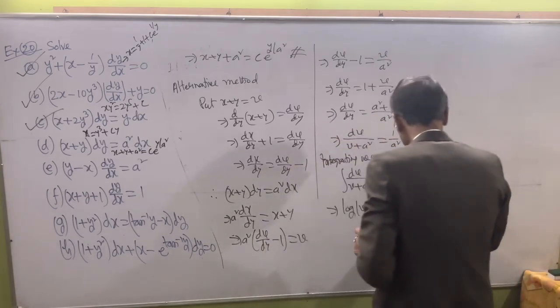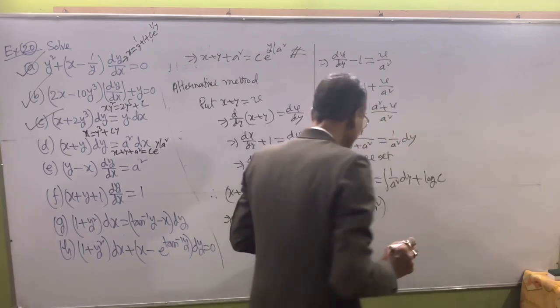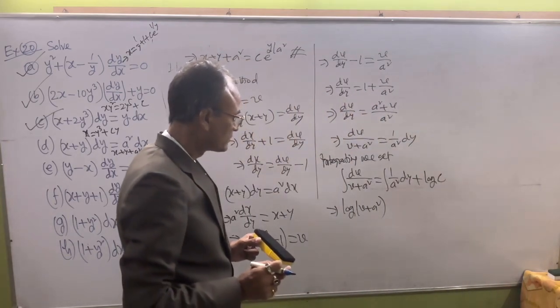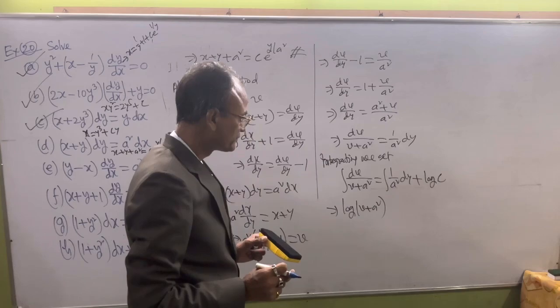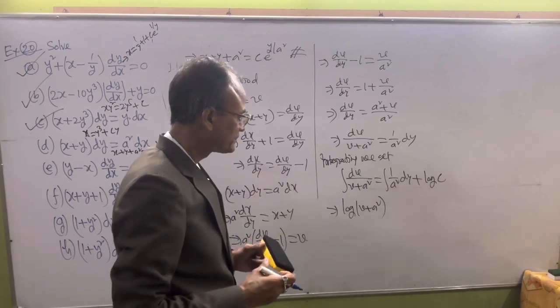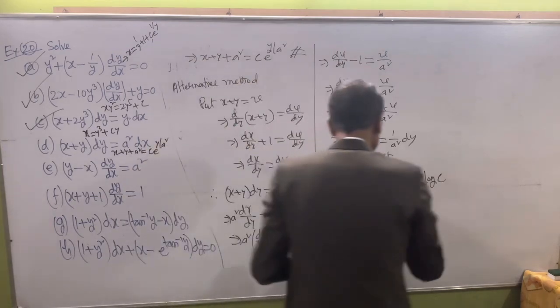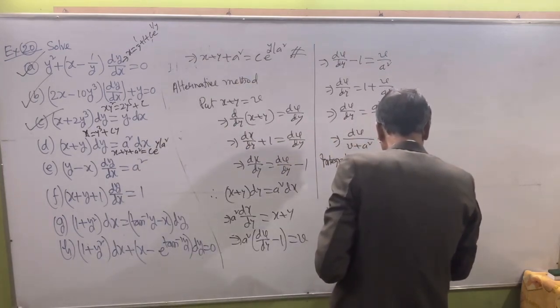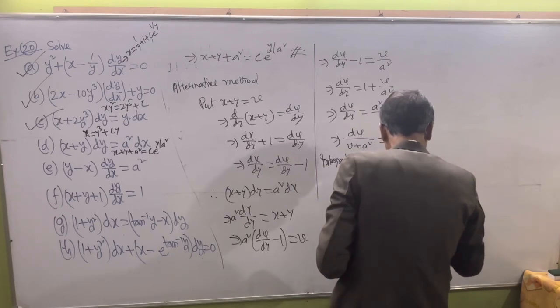Since it is log, therefore you may write log of c. This is equal to y divided by a square plus log of c.